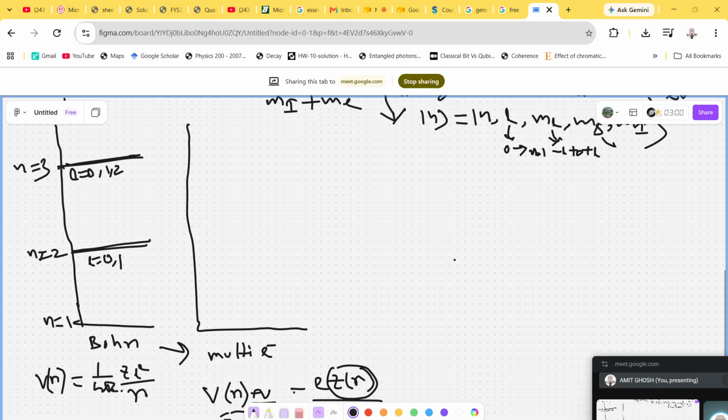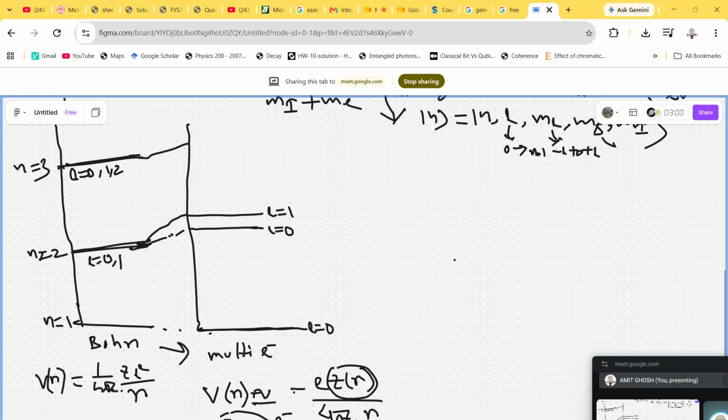n equals 1 has l equals 0 value only, right? So this energy level will remain the same. But n equals 2 has l equals 0 and 1, so it will break into two parts: one is l equals 0, another is l equals 1.